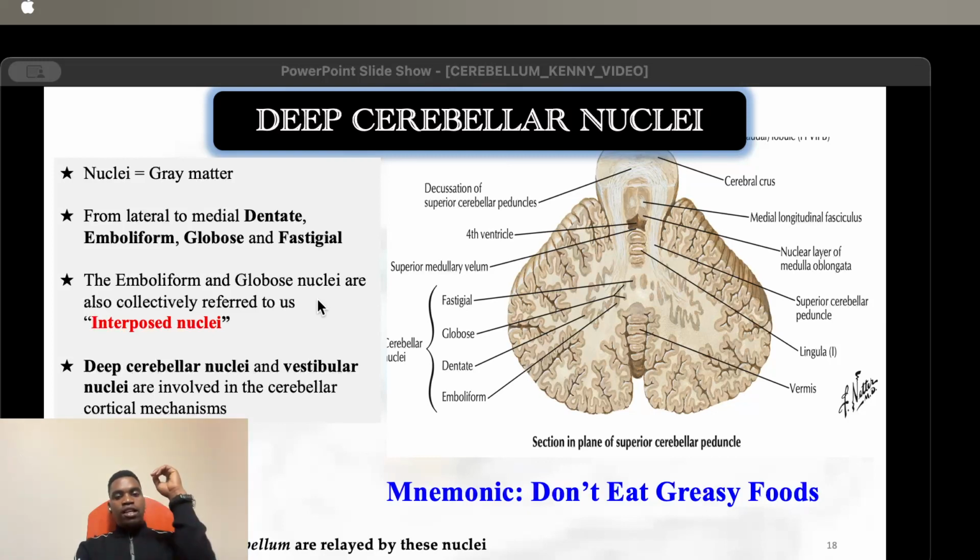And remember, the superior cerebellar peduncle was the main output from the cerebellum. So the information from these deep cerebellar nuclei will then be taken by the superior cerebellar peduncle into other parts of the brain.